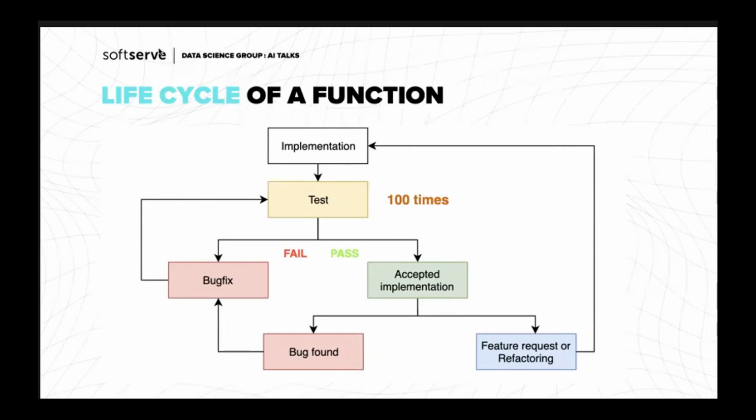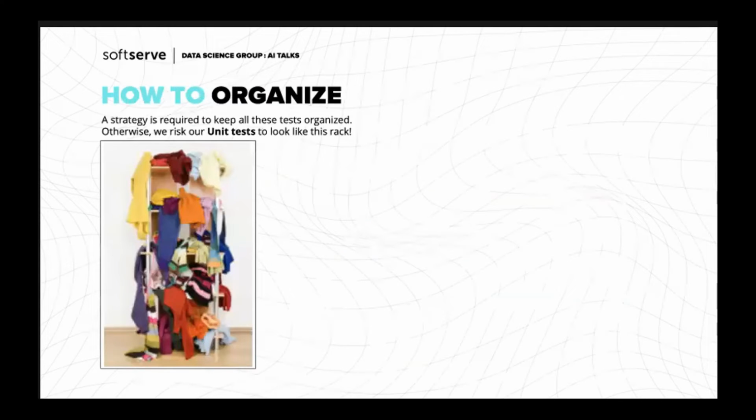And this flow might be done more than 100 times. In case after accepted implementation we find a bug, we need to go to the bug fix step and test again, validate whether our test is green or red, and again bug fix or accepted implementation. It's a cycle.